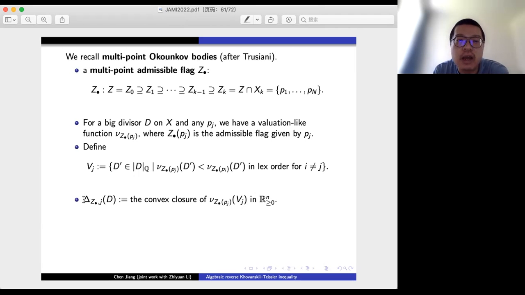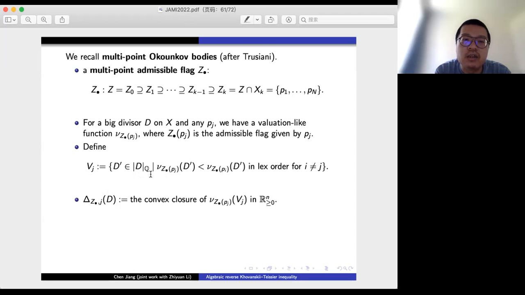Okay, so then actually we have n points, then we have n bodies, right? So we have n bodies, and somehow it looks like the subdivision of the Okounkov body. We just take n points and we divide the body.